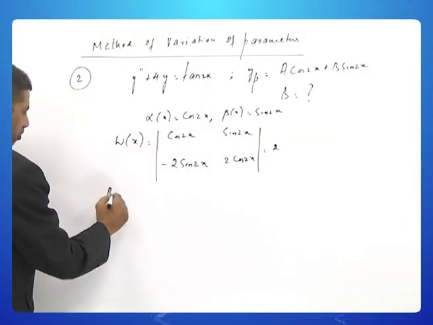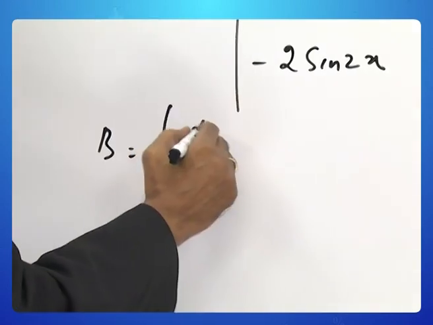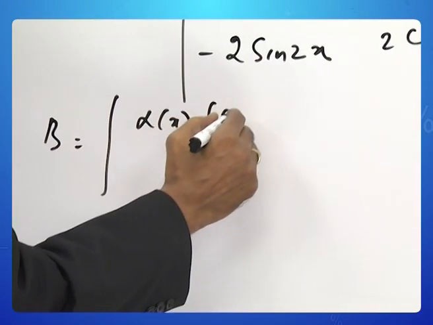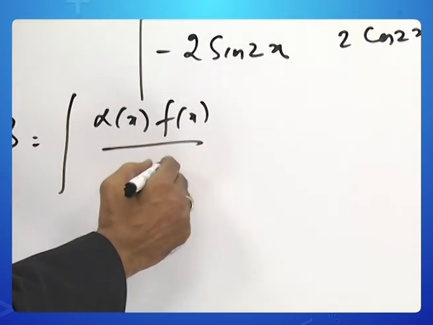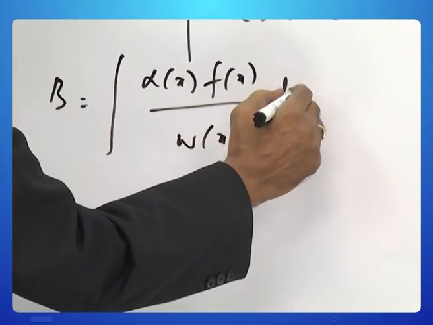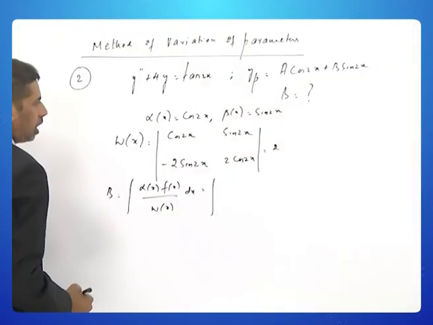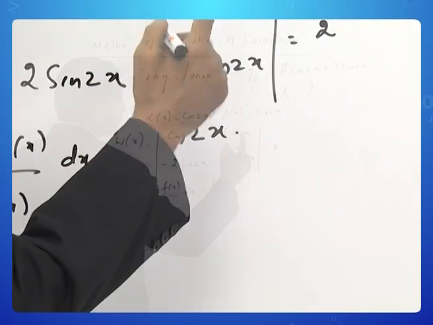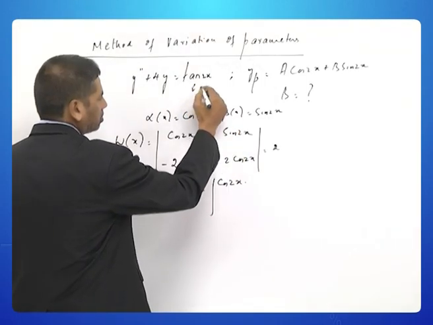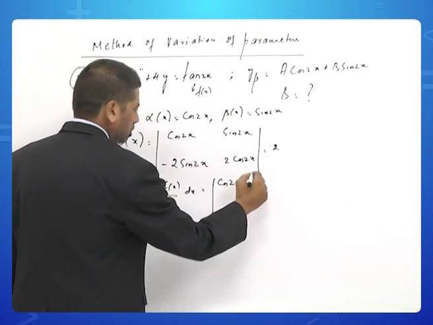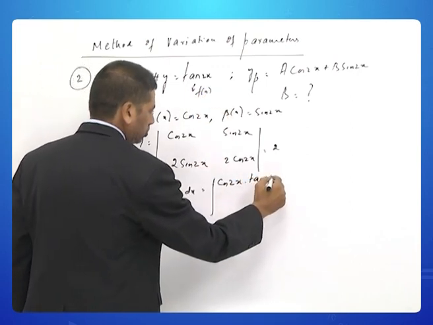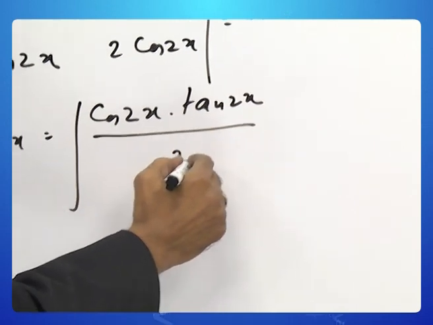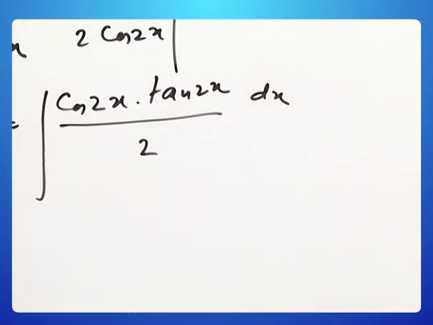Now we know the formula for b as integral alpha x f x by W x. Alpha x is cos 2x, f x is this right hand side, so it is tan 2x, by W x is 2.